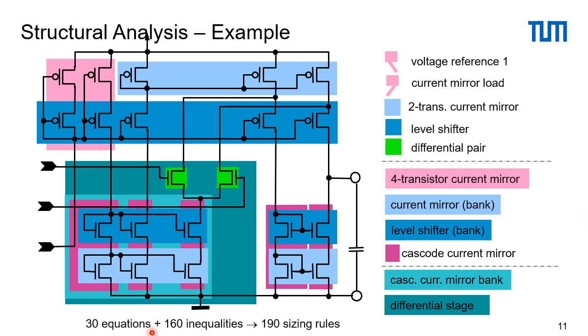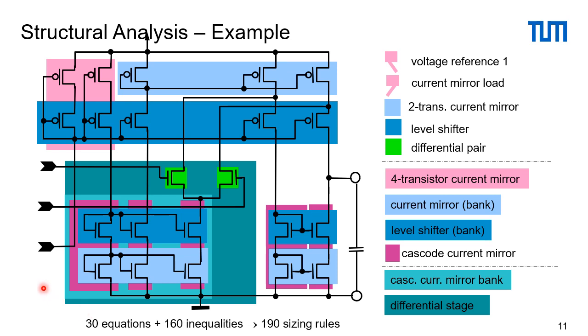And overall, we set up automatically 30 equations for this circuit and 160 inequalities. So overall 190 sizing rules. And of course, we don't want to do this by hand. So the crux for circuit design, or for circuit sizing in this case, is that you do it automatically by such an algorithm. The interesting thing are the 30 equations.